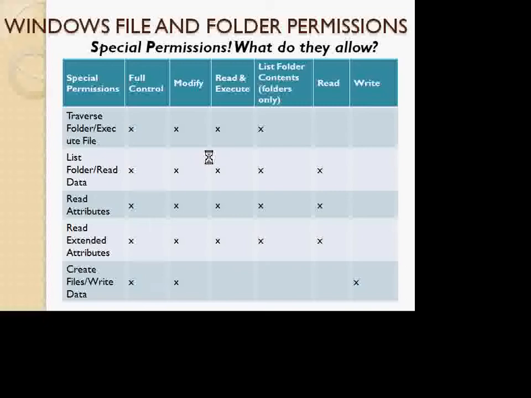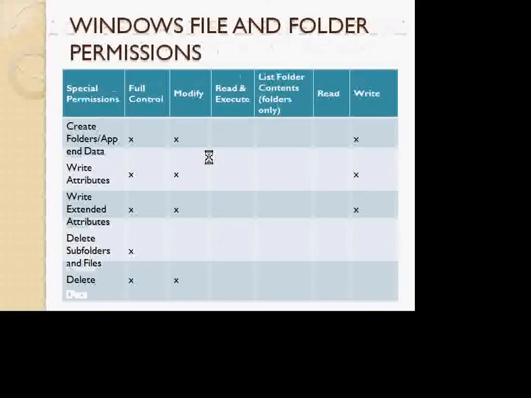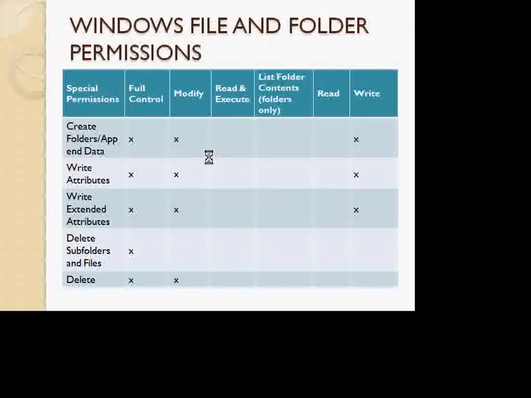As you can see, you have traverse folder, execute the file, list folder, read data content, read attributes, read extended attributes, create files, write the data, create folders, append data, write attributes, write extended attributes, delete subfolders and files, and delete.